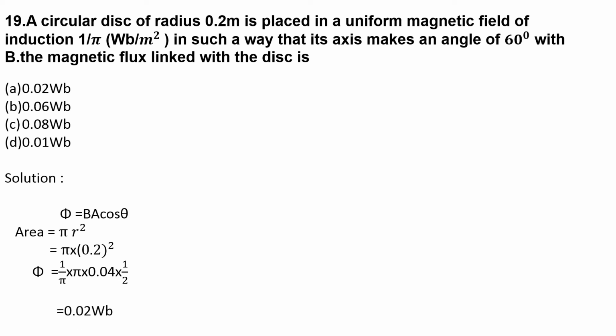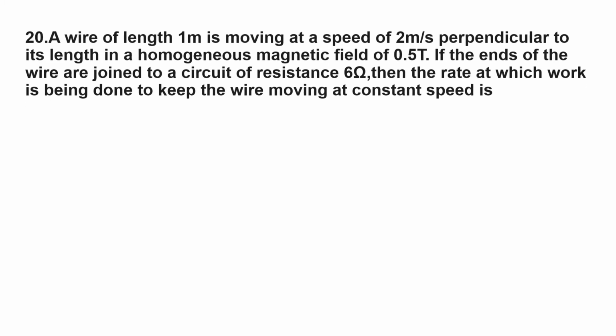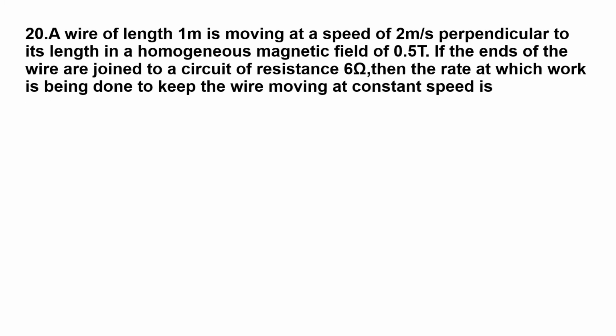So here pi gets cancelled, remaining is 0.02 divided by 2. So the answer is 0.02 Weber. That is option A, 0.02 Weber.